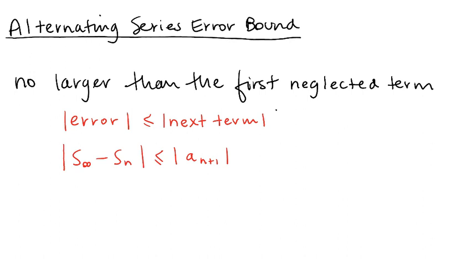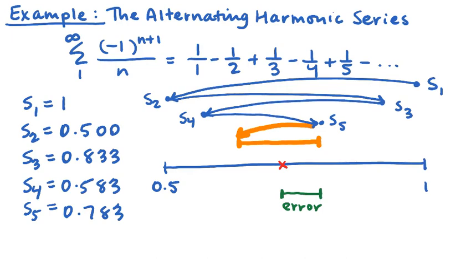So I'm going to go back up a second. Going back to this example of the alternating harmonic series, the difference between the partial sum of adding up 5 terms and the true value is no more than the 6th term. Well, I know what a sub 6 is. A sub 6 equals negative 1/6.